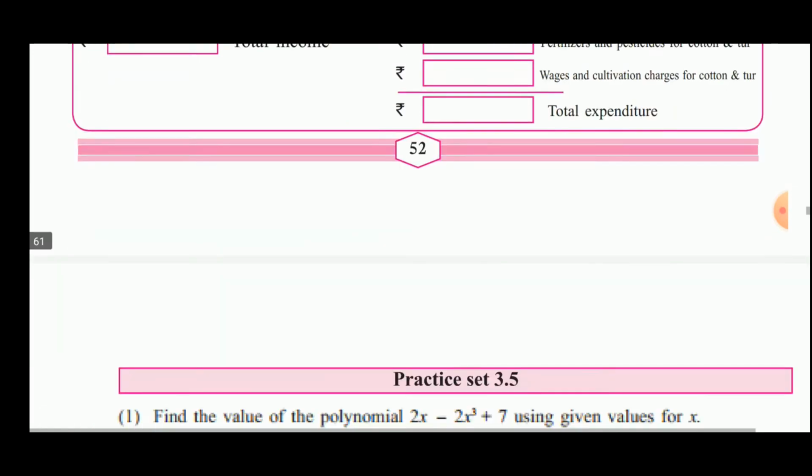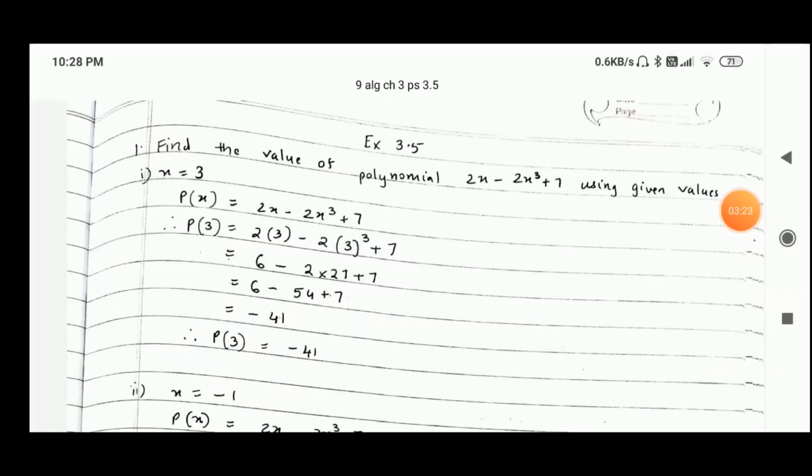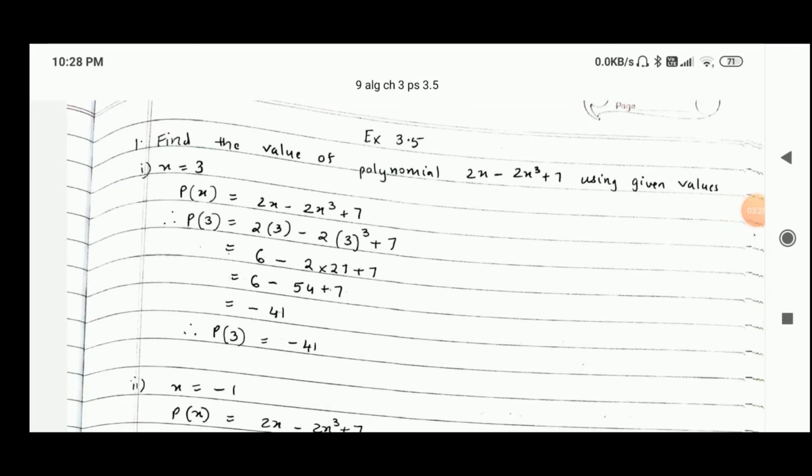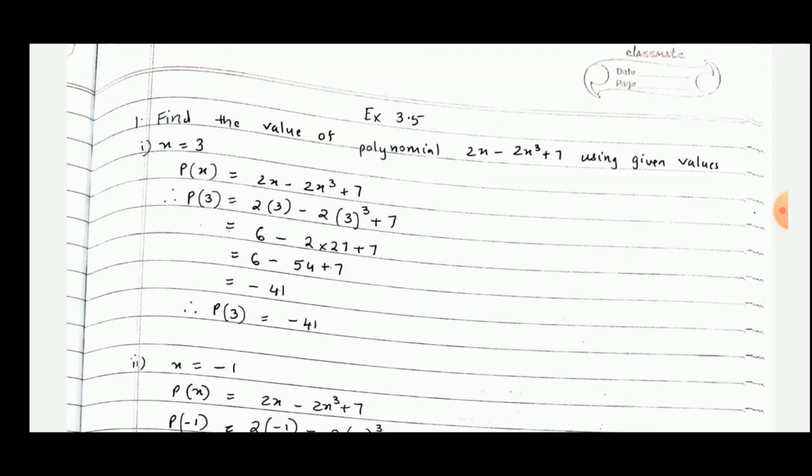Now find the value of the polynomial 2x minus 2x cube plus 7 using the given values. Now substitute x is equal to 3. Denote the polynomial p as 2x minus 2x cube plus 7.